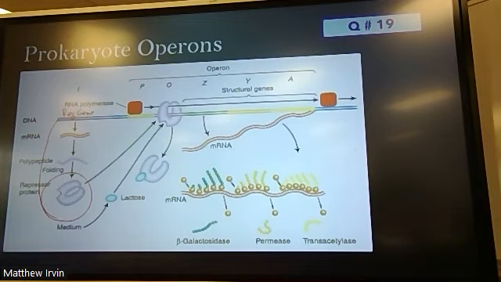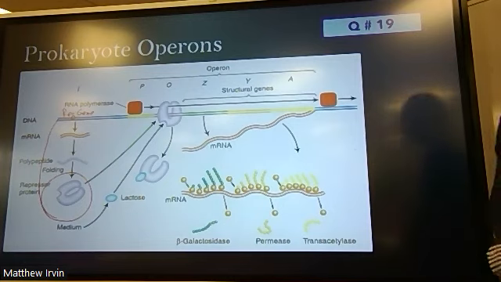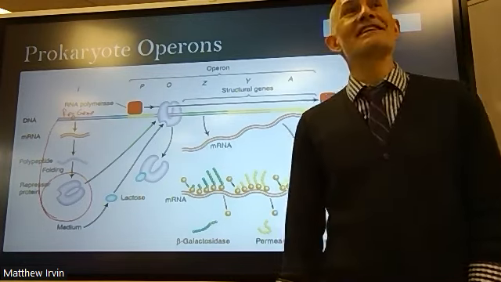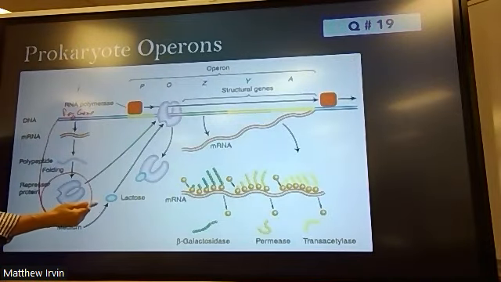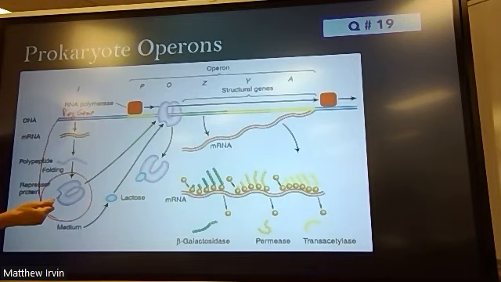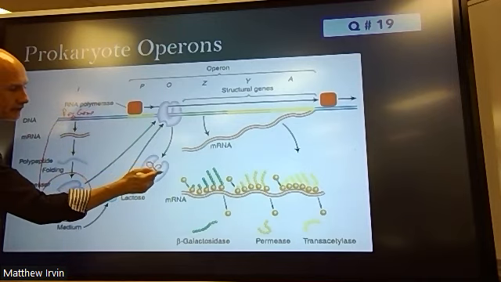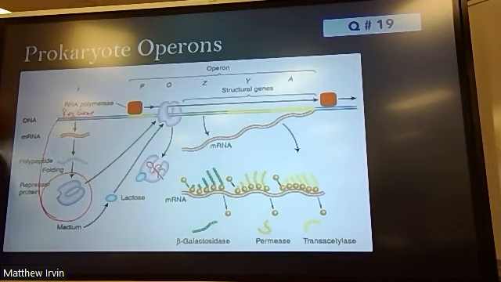Because when the thing goes in, it starts. Exactly. So lactose, when it binds to the repressor, turns it off. So this is now off, and so you can have transcription.